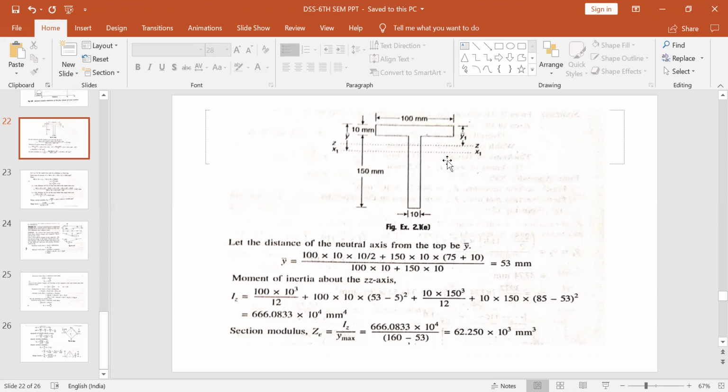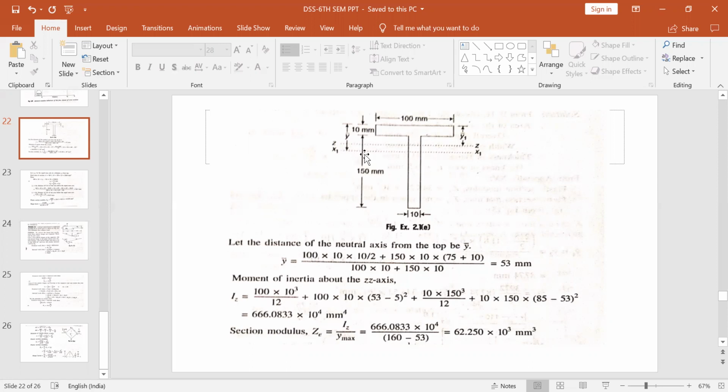First we need to find the shape factor for this section. To find the shape factor, we need the plastic section modulus and the elastic section modulus. First we'll find the elastic section modulus. As I told you in the earlier classes, for finding the shape factor you have to find two things: the elastic neutral axis and the plastic neutral axis.